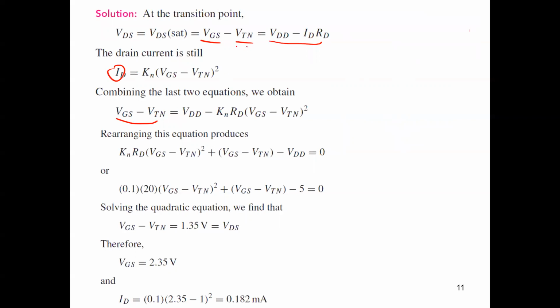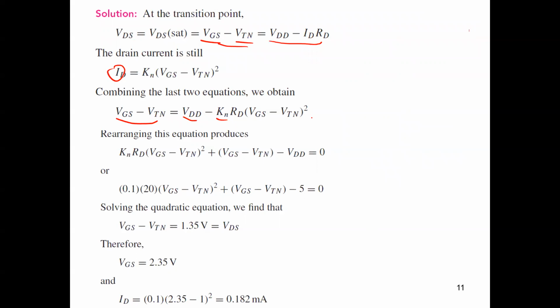This is the left-hand side of the equation, and this is the right-hand side, VDD minus Kn times (VGS minus VTN) squared, which is ID times RD. We substitute the two equations together in order to make one quadratic equation.